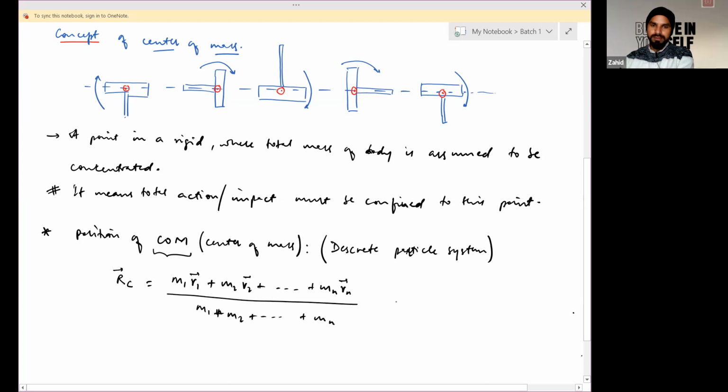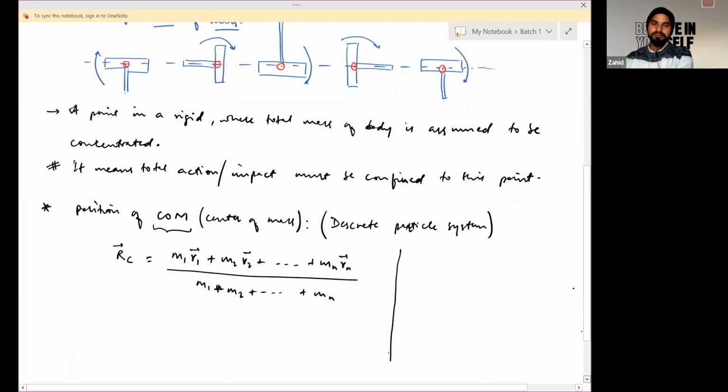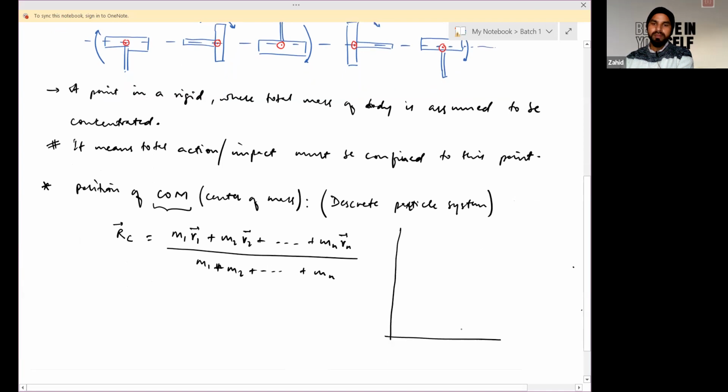Suppose this is a coordinate system, and a point particle of mass m1 is at this position, another at this, another at this, and so on.